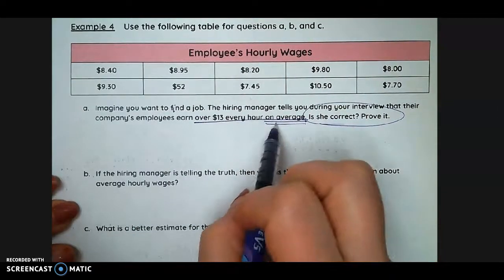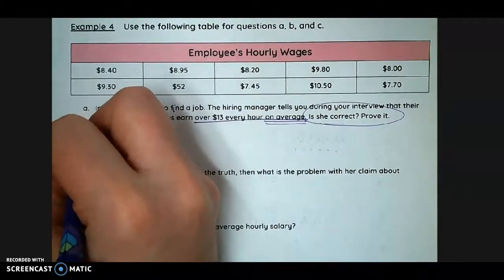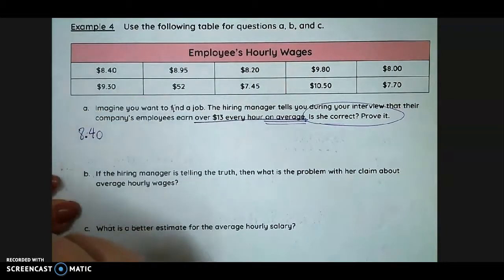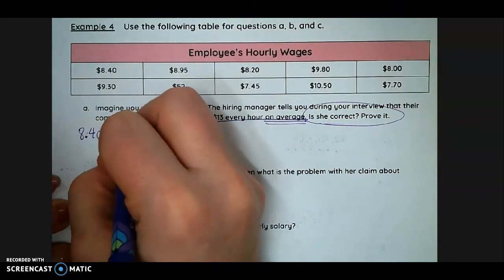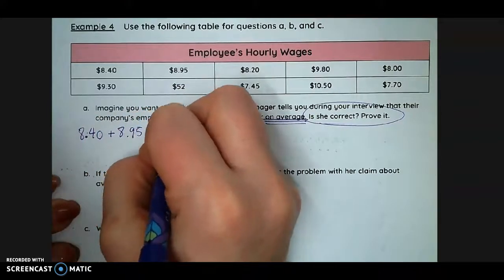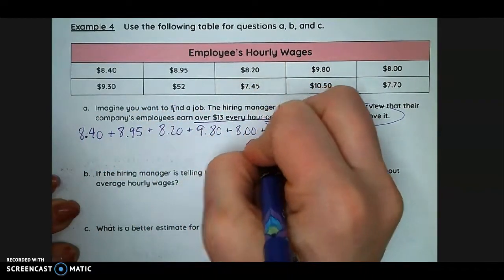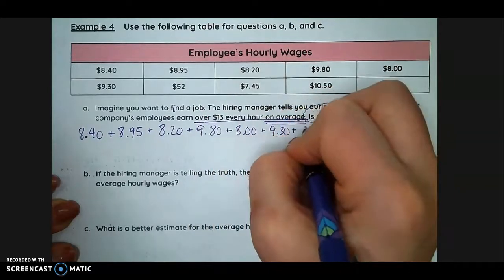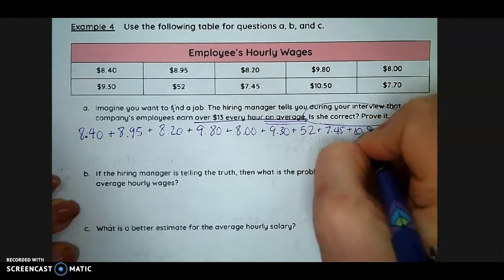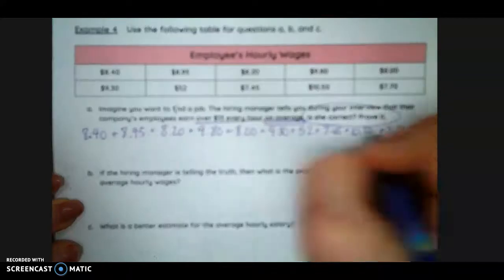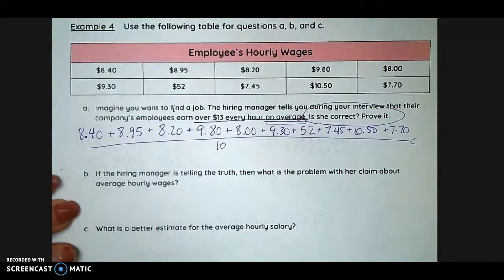So to prove it, we need to find the average or the mean of these earnings, these hourly wages. When I do that, I have 10 of them, so I'm going to divide by 10.